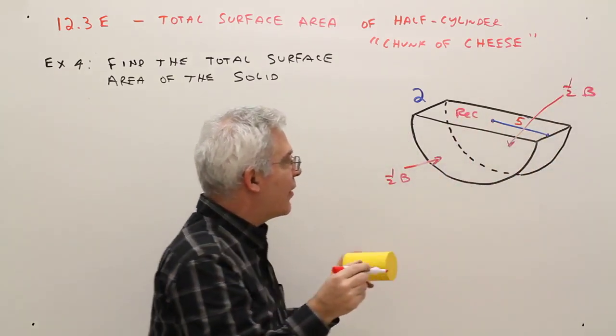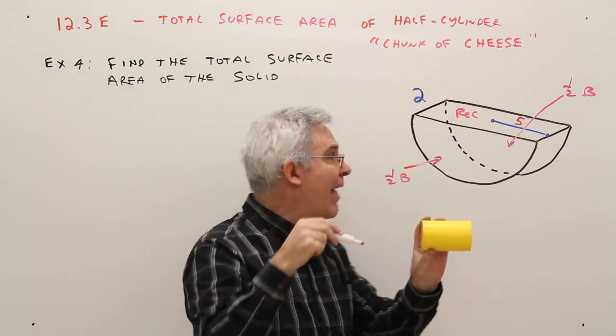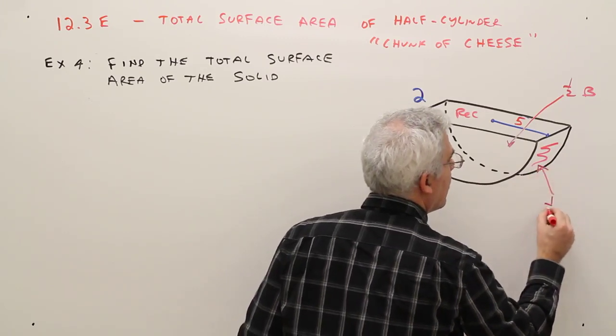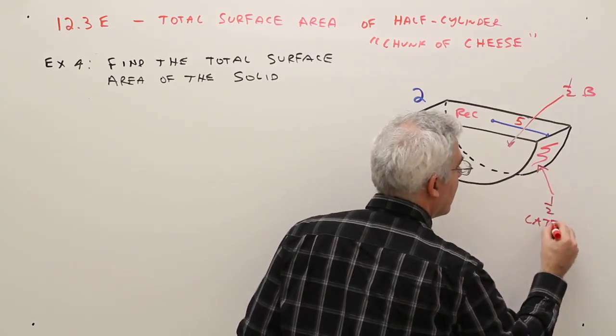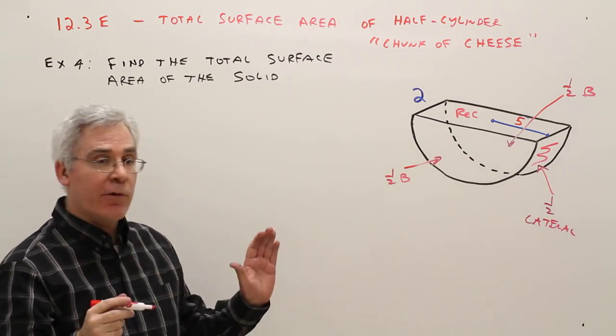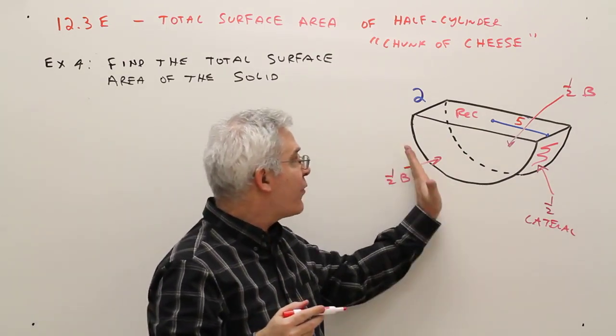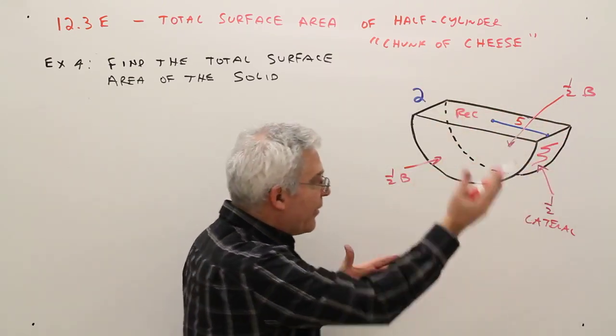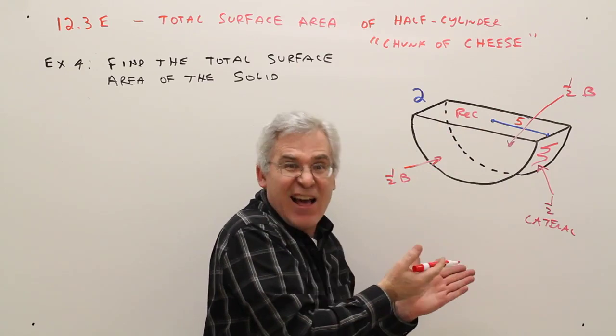That'll be my rectangle, and then I'm going to have half of the lateral. So again, a half circle, a rectangle, and then this stuff like this is half of the lateral.